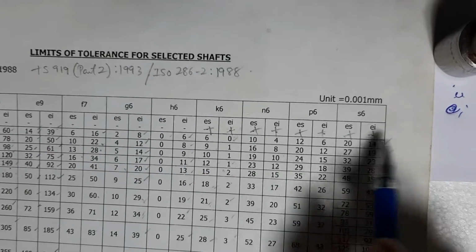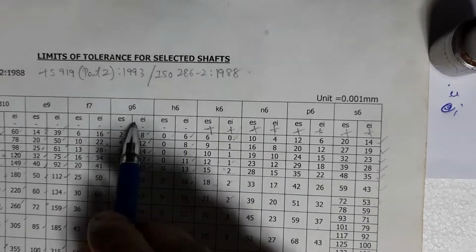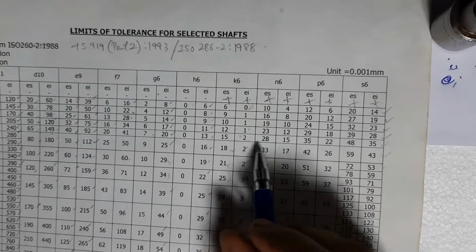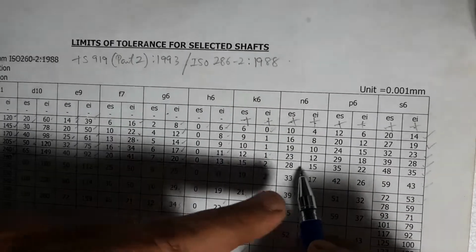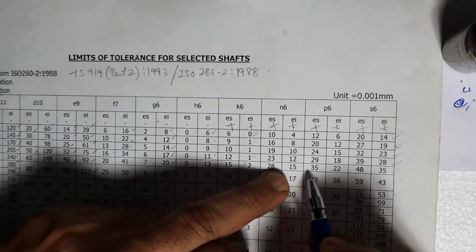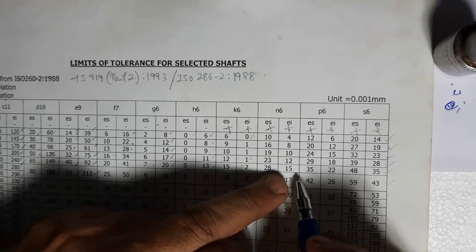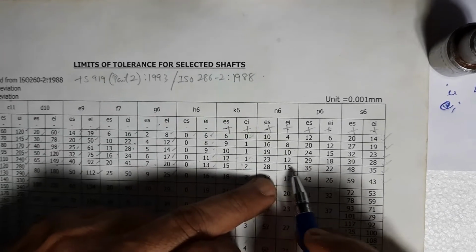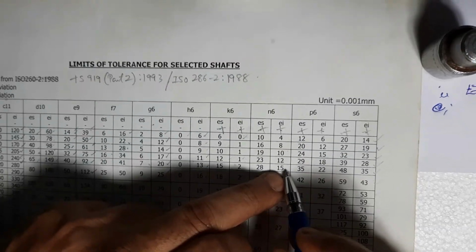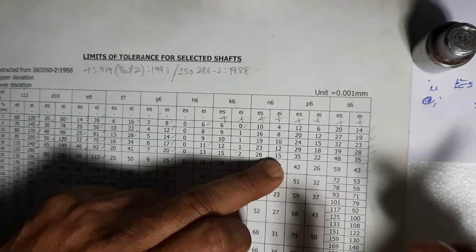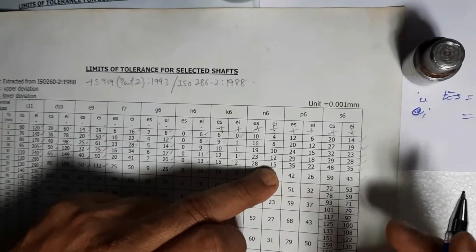These are plus deviations, and all these here are minus. Upper deviation is plus 28, lower deviation EI is plus 15. So within that range, our deviation is plus 25.